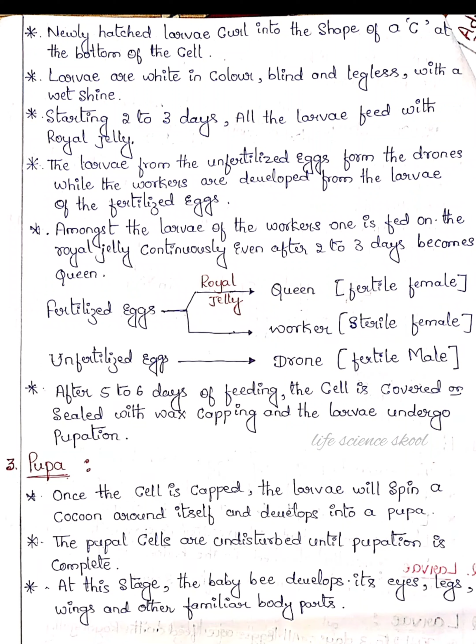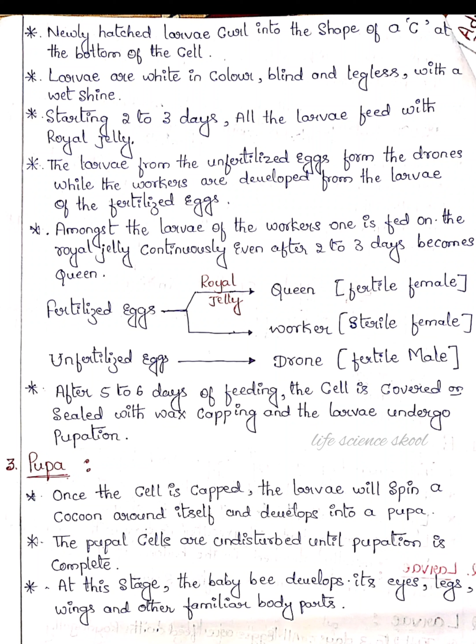The ones who are not fed with the royal jelly are all workers. The workers are sterile, meaning they are non-reproductive and unable to reproduce. Workers are sterile females. And unfertilized eggs give rise to drones, which are fertile males.